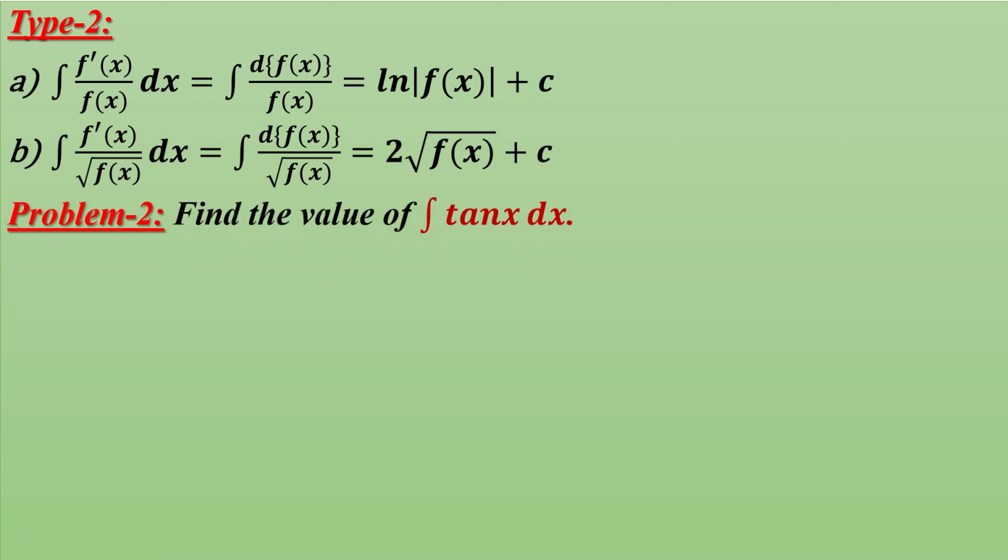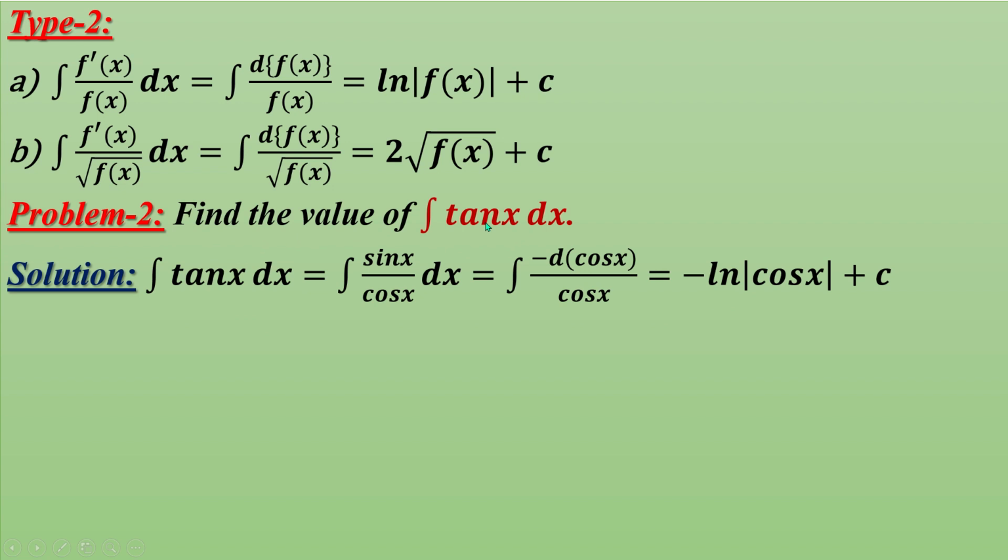And by applying this formula we can derive integration of tan x dx. Tan x we can write as sin x by cos x, and sin x dx we can write as minus d of cos x, because the derivative of cos x equals minus sin x, so here it would be minus sin x dx, but here it is plus sin x dx.